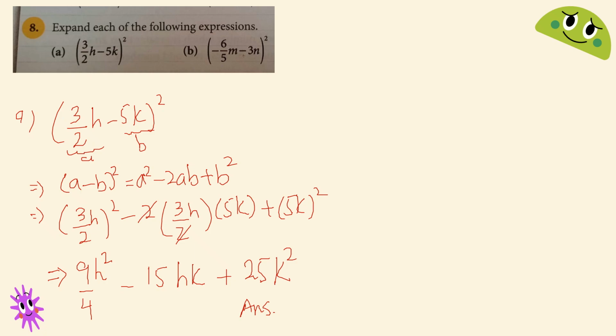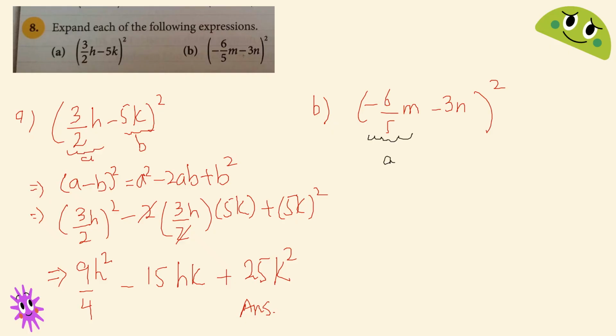Similarly, you will be solving part b, which is (−6/5m − 3n) whole square. Now please do notice that this complete part is a along with the minus sign, right?